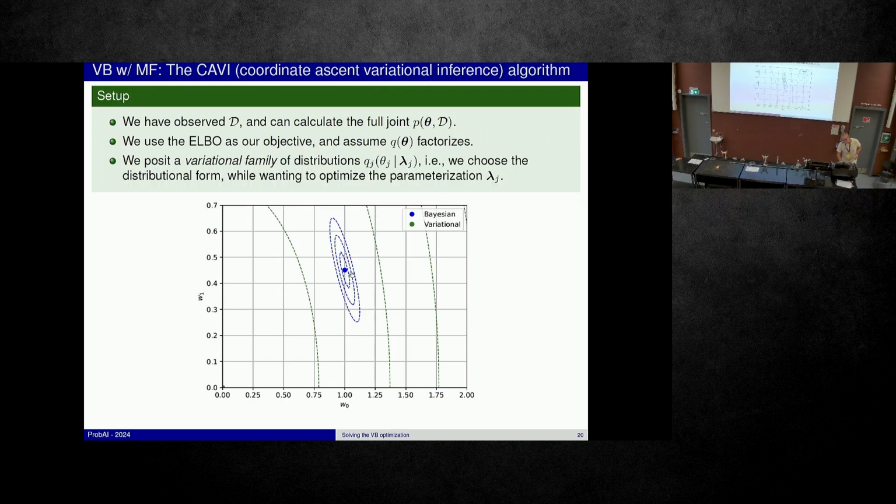The true posterior is this blue thing here, and we will see that it's kind of moving towards that in an incremental way, optimizing each dimension in turn. And this is the behavior that we force upon it by this coordinate descent way of thinking.